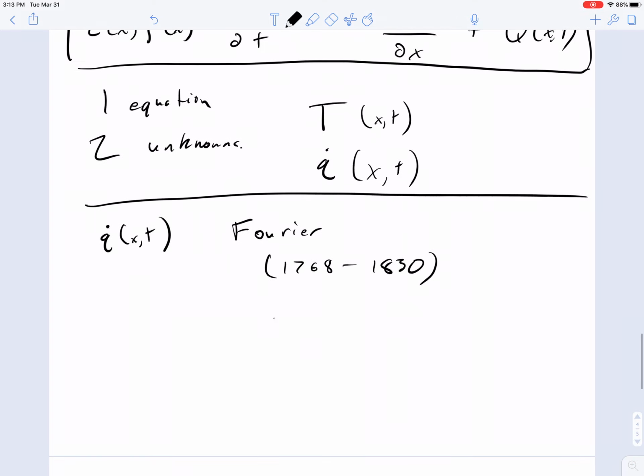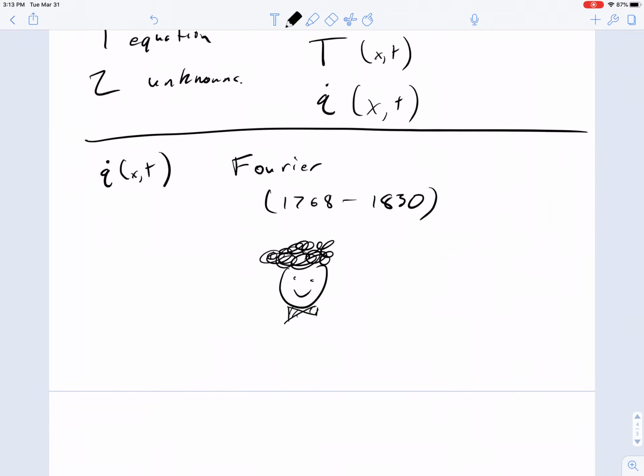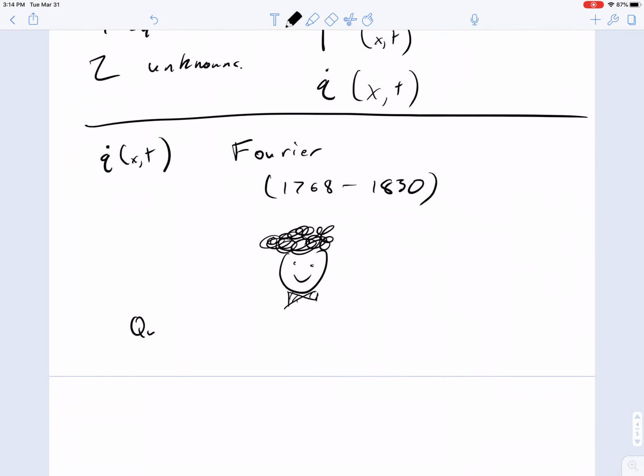Fourier, I imagine he had curly hair, but I'm not sure, and he was a researcher, so he had a bow tie. Okay. And he studied the qualitative and quantitative heat flow.